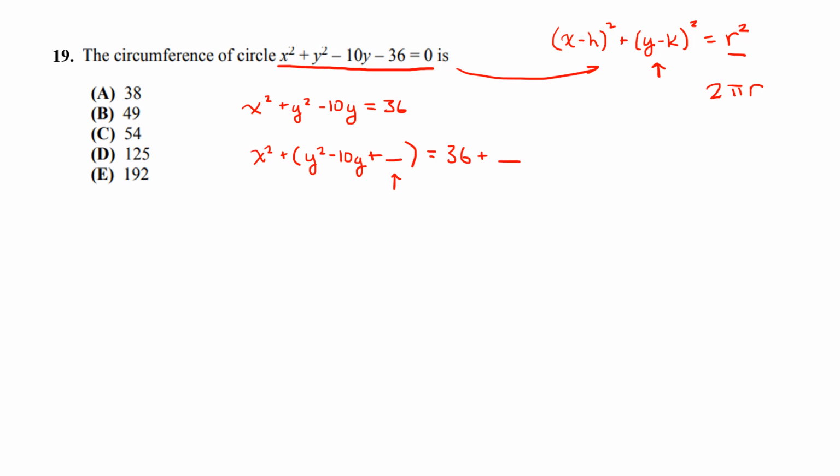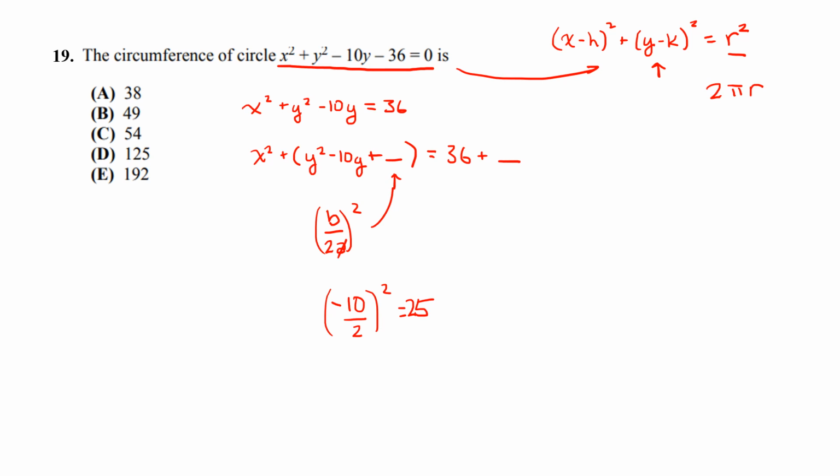So the rule of thumb here is to do b over 2a squared to get this value. In this case, a is 1, so we just remove that, and we get negative 10 over 2 squared. This is equivalent to negative 5 squared, but squaring the negative just removes it, so we have 25 in this case.